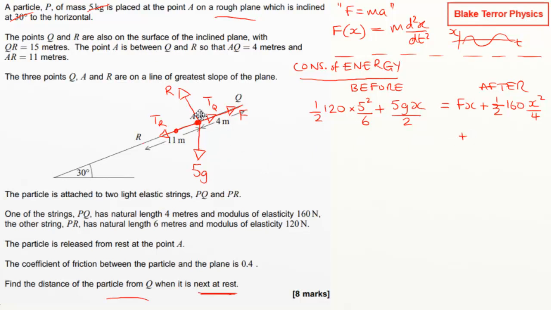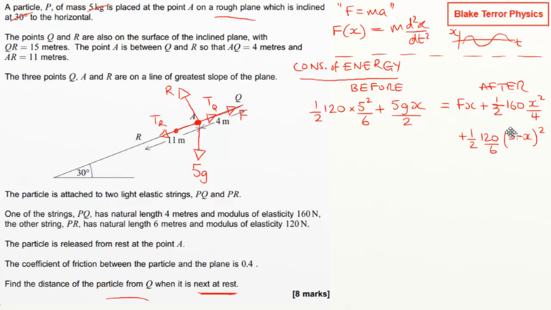And then for the other string, we've got a half times 120 times, so in this case the extension is going to be 5 minus x all squared, and then we have to divide again by the natural length, which is 6. Yeah, it is 6. I've picked up the right number.